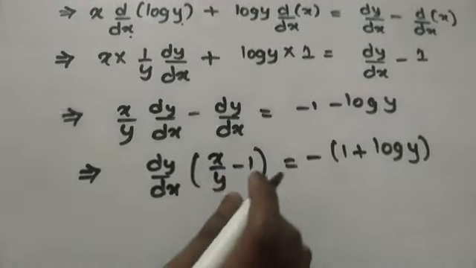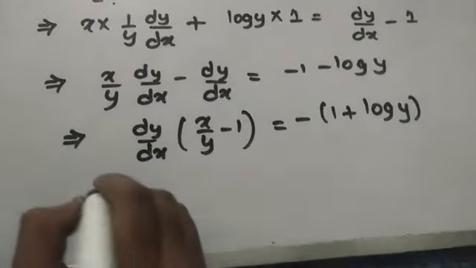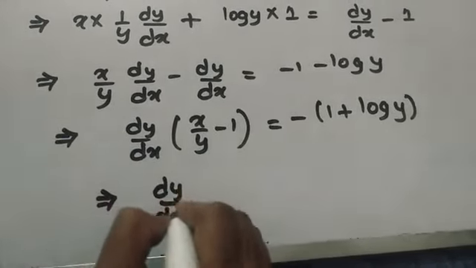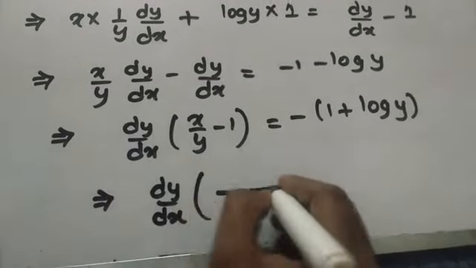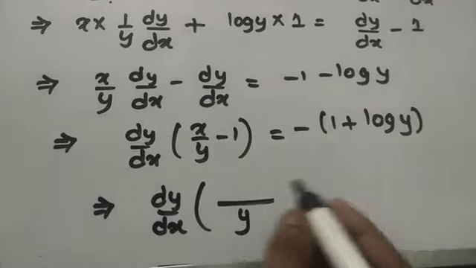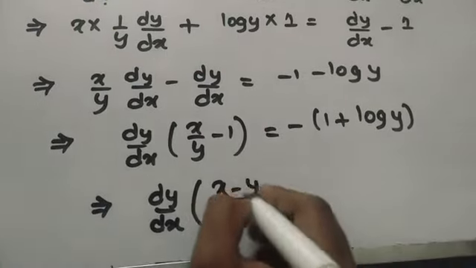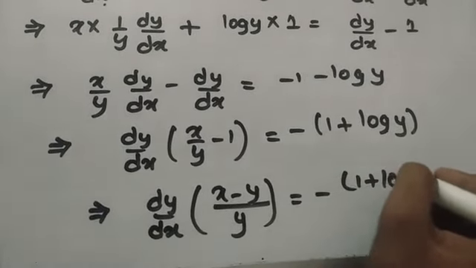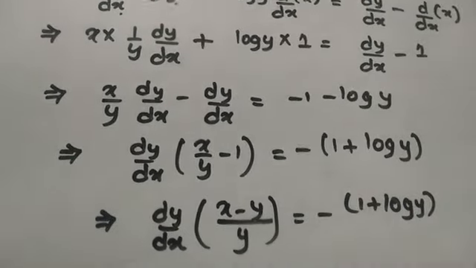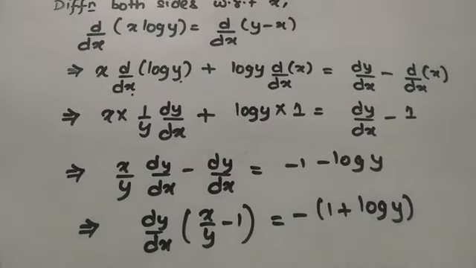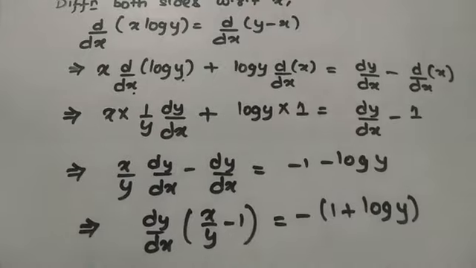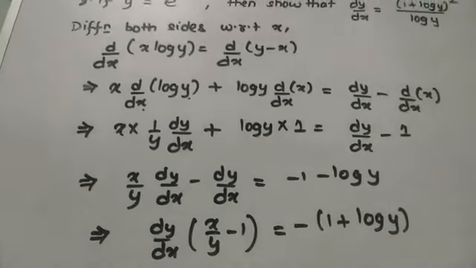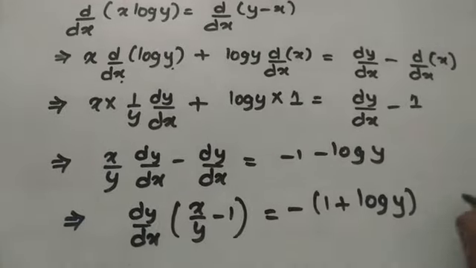Now let us take the LCM: dy by dx times x minus y over y equals minus of 1 plus log y. Clear? So by taking dy by dx common, we got x by y minus 1 equals minus 1 plus log y.